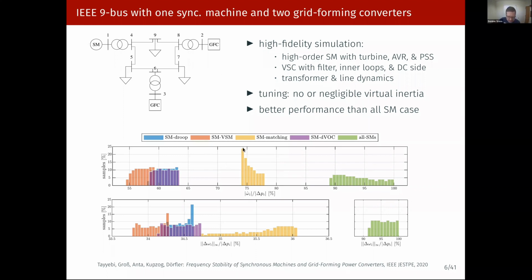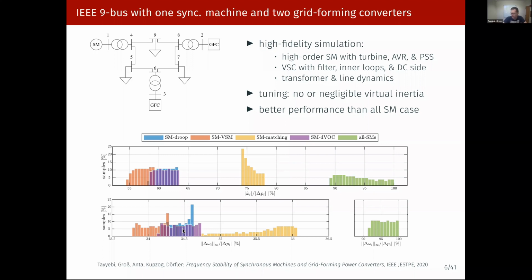And then the first plot here shows you what happened at these different samples in terms of the rate of change of frequency. And here, what happened in terms of the frequency nadir. And you see that if you go to a system that has two machines replaced with the power converters, using, again, different controls, so there's yellow, red, purple, and blue here, just different controls, you see actually a large improvement both in the rate of change of frequency and in the frequency nadir.